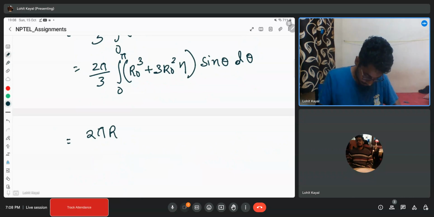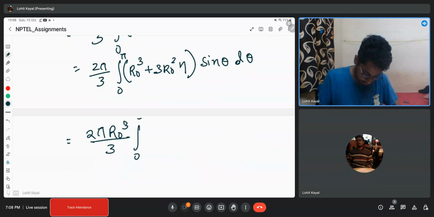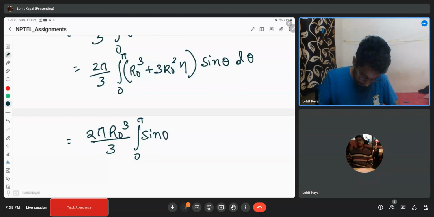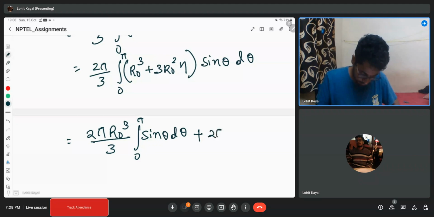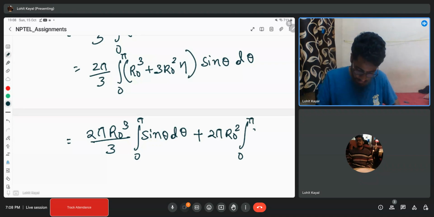So 2 pi r naught cubed by 3, integration 0 to pi sine theta d theta, plus, since 3 r naught squared is again a constant, 2 pi r naught squared, integration 0 to pi eta sine theta d theta.